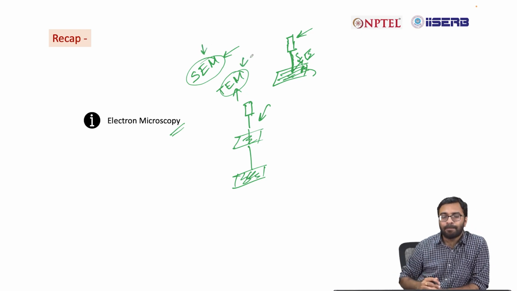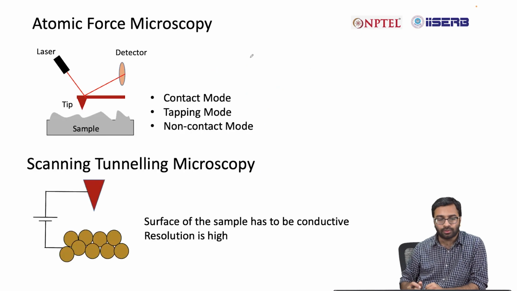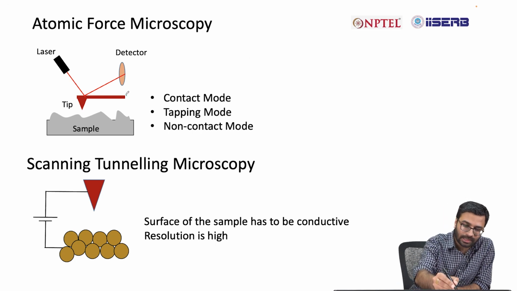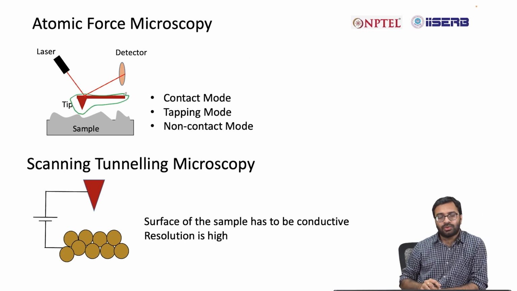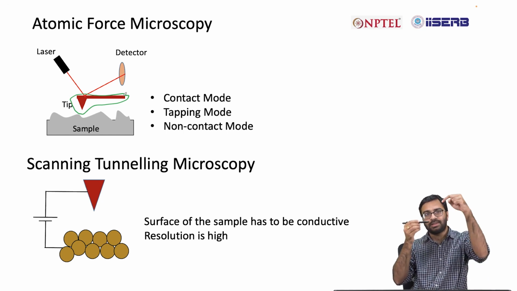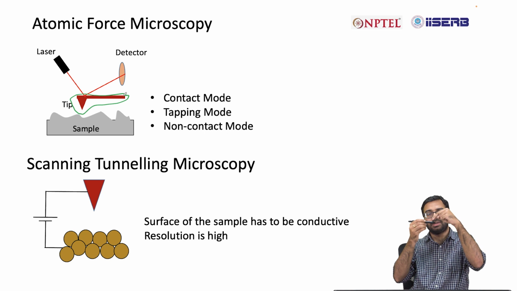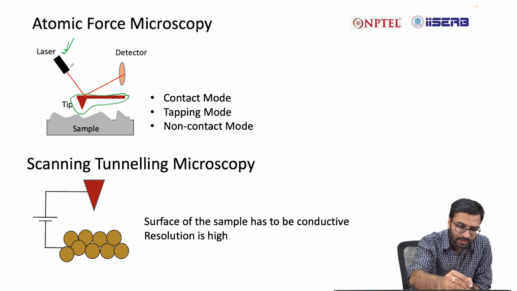Similar to that, we also have force microscopy, which is known as atomic force microscopy. In atomic force microscopy, we use a cantilever, as shown over here. We take a laser light that falls on top of the cantilever and then reflects back to a detector.